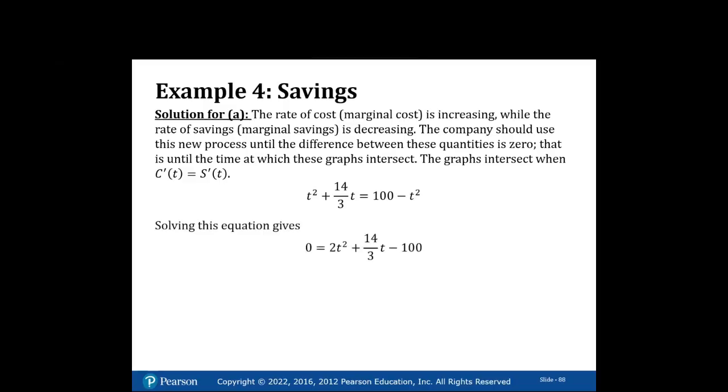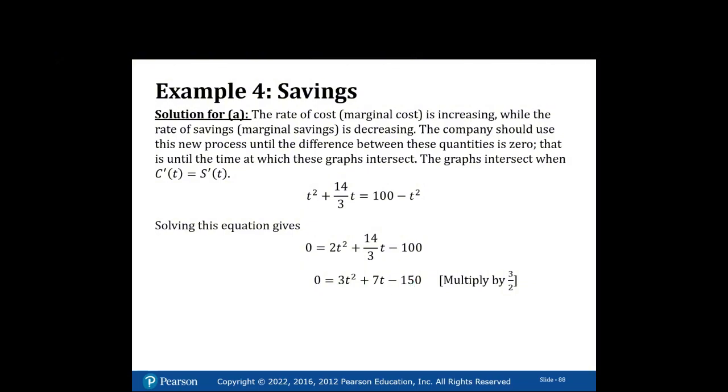And solving this equation gives us 2t squared plus 14/3 t minus 100. And then we multiply by 3/2 because that's going to give us this nice function here, 3t squared plus 7t minus 150. It's an easy fraction to multiply by, so I don't have any more fractions here.